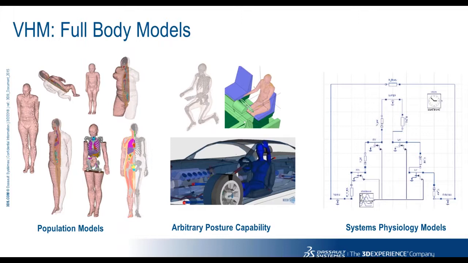While the models shown on the left simulate our static models, we also have technology to position these models in arbitrary postures to better simulate their interaction with the product, as shown in the images of the humans in the vehicles. For completeness, I also want to mention that we can develop whole body systems models of humans, as shown in the far right, that can represent the internal physiology of entire systems, such as the cardiovascular or nervous system.